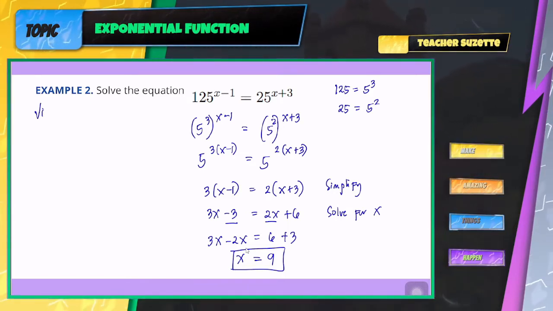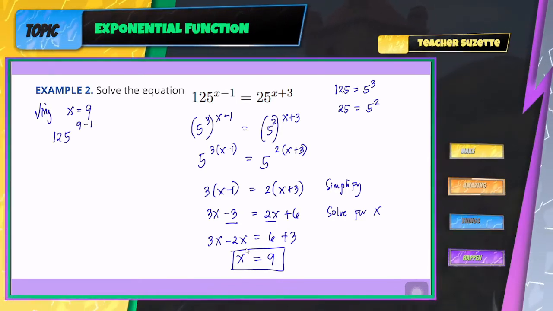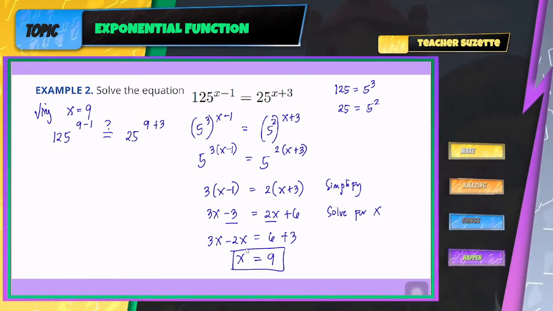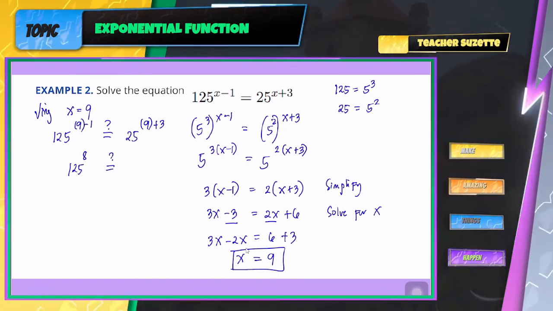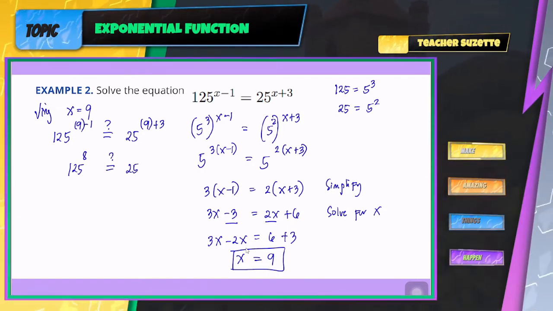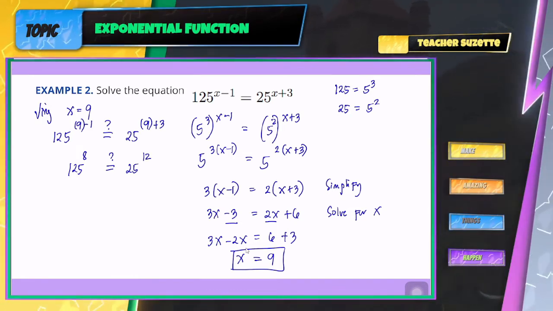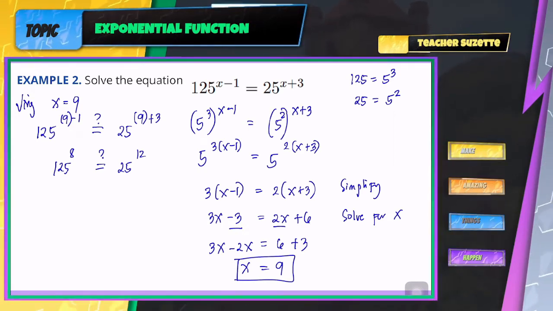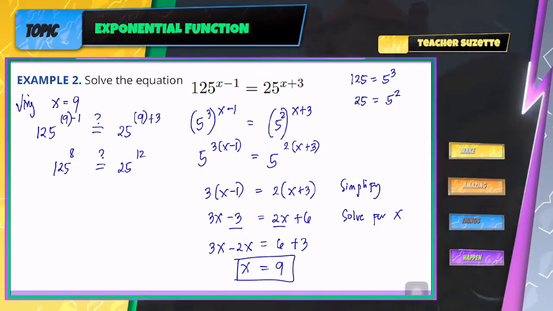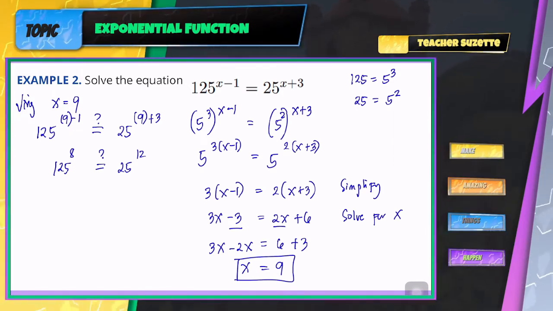So, try natin siya i-check kung tama po ba. If we have x is equal to 9, let's have 125 raised to 9 minus 1. Is it equal with 25 raised to 9 plus 3? So, 9 minus 1 is 8. 125 raised to 8, is it equal with 25 raised to 9 plus 3, which is 12? So, pwede mo itong i-check sa calculator, or pwede mo rin pong gamitin itong 125 is equal to 5 cubed and 25 is equal to 5 squared.